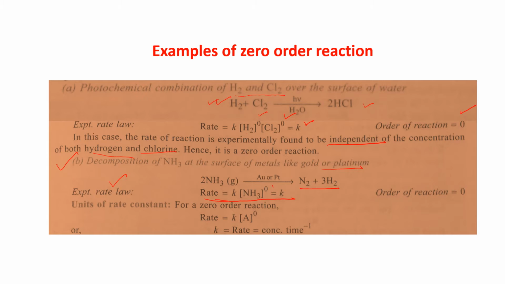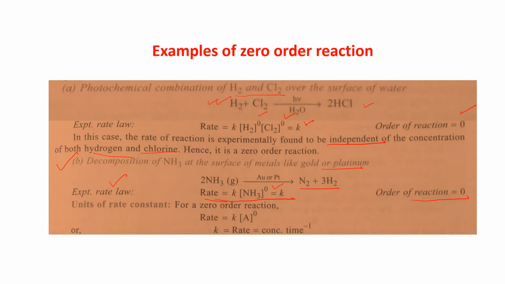This is experimentally found. So the order of reaction is 0. Now, the unit of the rate constant for a zero order reaction is particular. So K is very specific for a zero order reaction. It does not depend upon the concentration of the reactant.